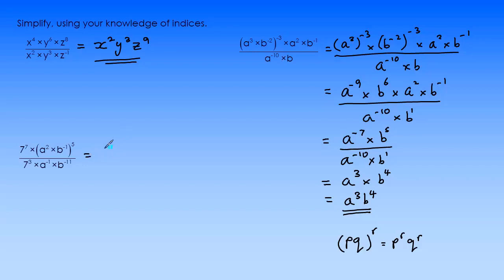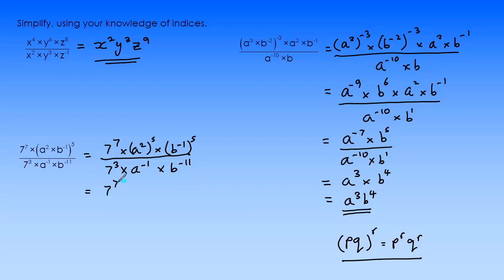Now finally here we have 7 to the power 7. Now this a squared is going to be to the power 5, and the b to the -1 also to the power 5. Once again, it's using this index law just here. On the bottom we have 7 cubed times a to the -1 times b to the -11.